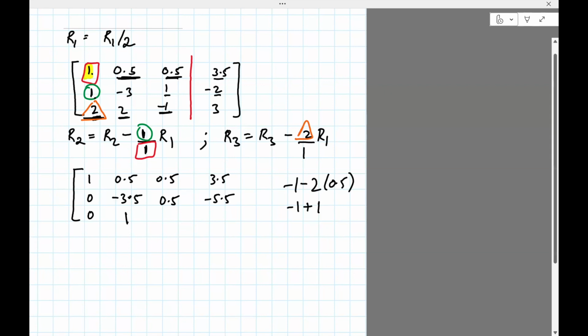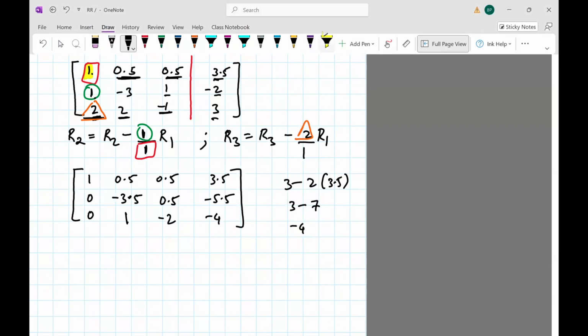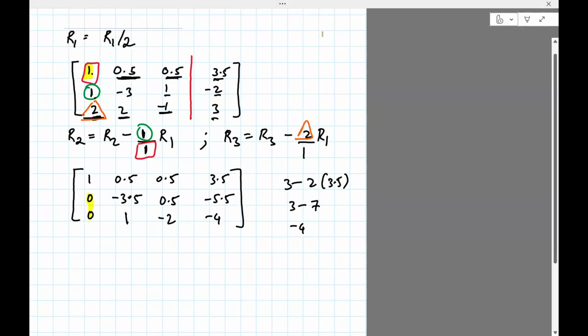It's just 0.5. So it's minus 1, so minus 2. So it should be minus 2. Then we have 3 minus 2 times row 1, 3.5. 3 minus 7, minus 4. Okay, so what we've achieved by doing this is 2 zeros.